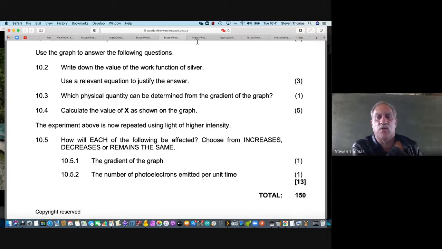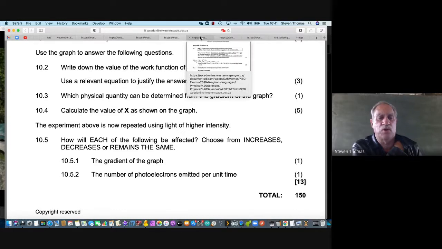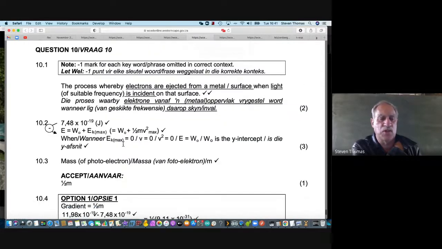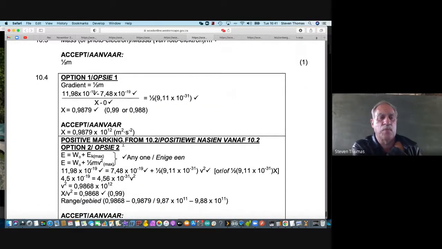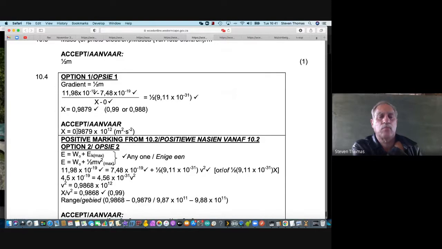Let's just see. I think I have the memo, and that question was 10.4. So let's just have a look at 10.4. So the gradient of the graph is equal to half m. And there's the m. And they've subtracted the two energies. And there's your x-axis.